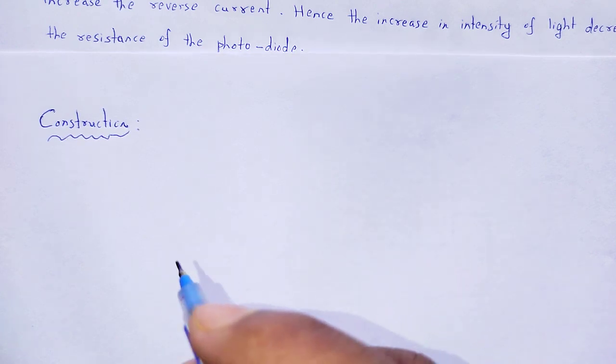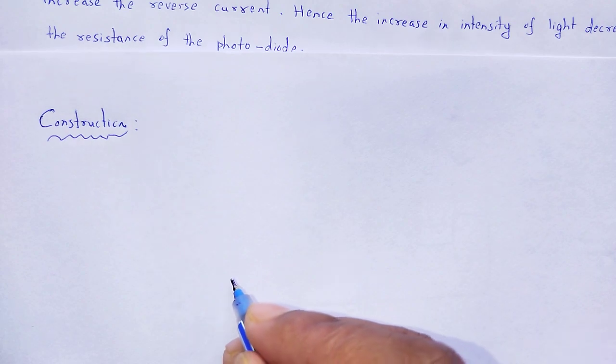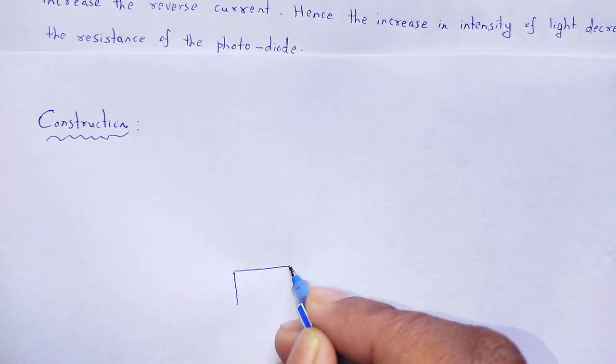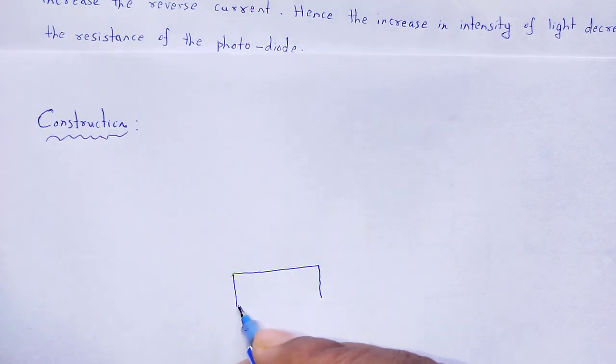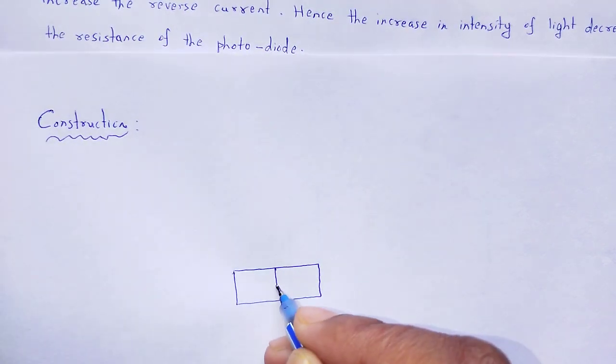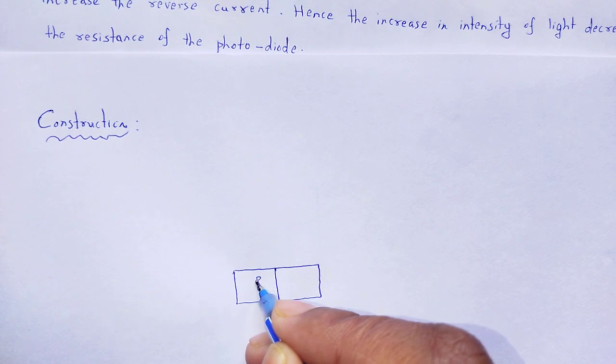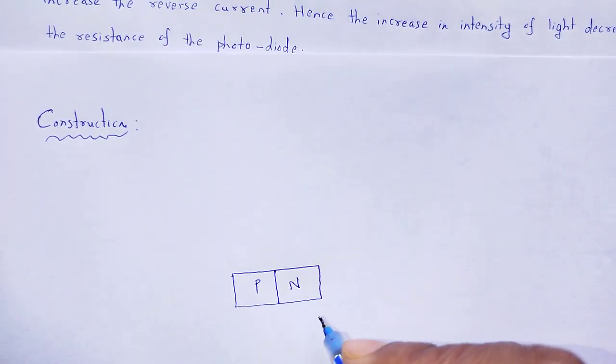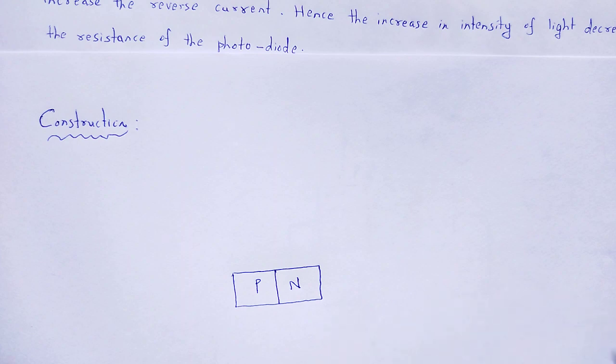Therefore, the photodiode consists of a p-n junction diode that is embedded in a clear plastic enclosure.